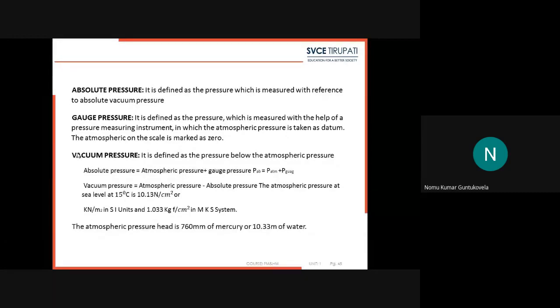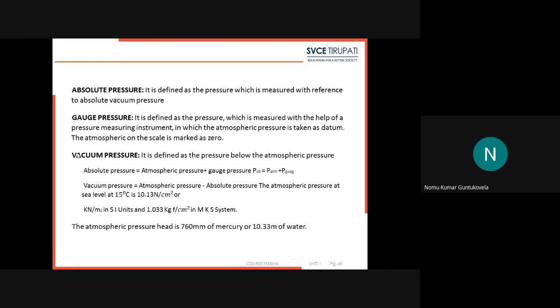Manometers are of two types, simple manometers and differential manometers. Simple manometers are classified into piezometer and U-tube manometer, and differential manometers include the U-tube differential manometer and the inverted U-tube differential manometer.